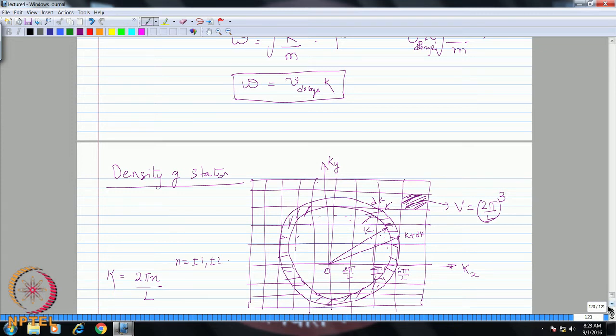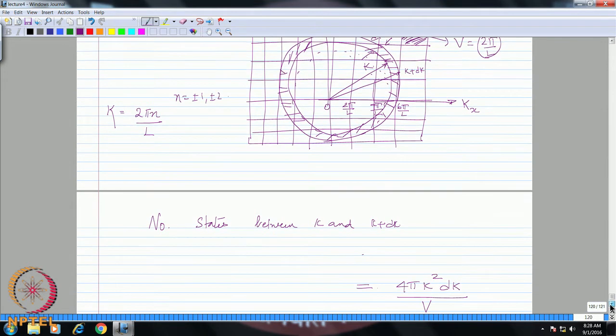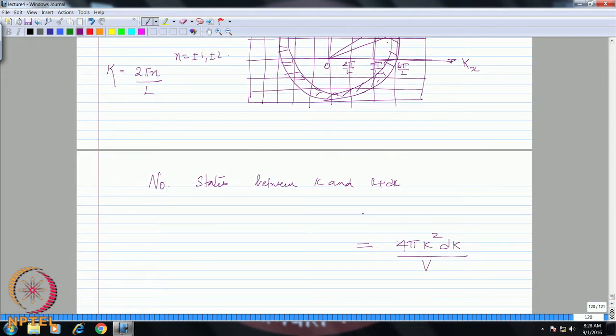Therefore, if I want to count the number of states between k and k plus dk, this is your actual area there divided by the volume of each unit block. Okay. So, this will give you the number of states between k and k plus dk.